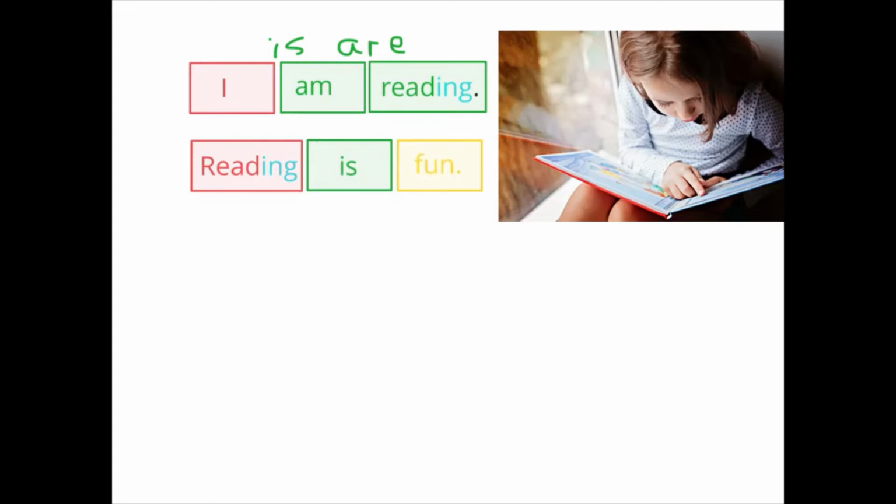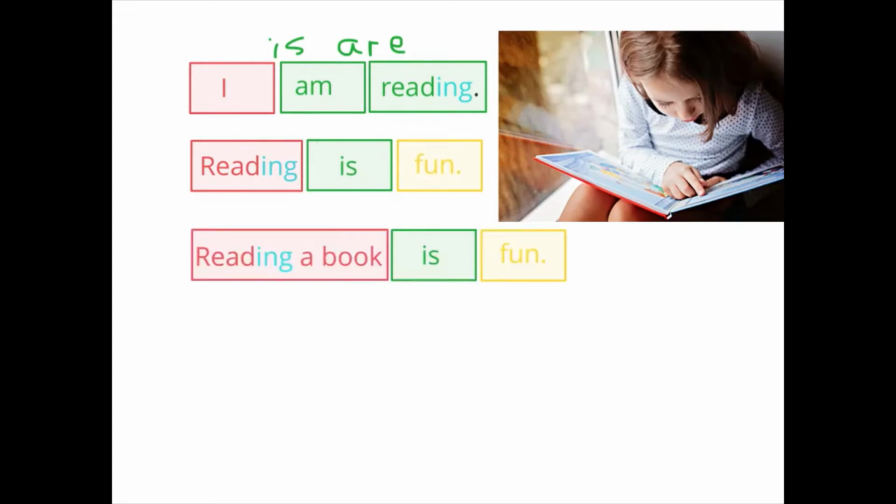Reading is fun. We can even say, reading a book is fun. So here, our subject in the red box is reading a book. Reading a book is fun. It is important to know here that the subject of the sentence is not book.